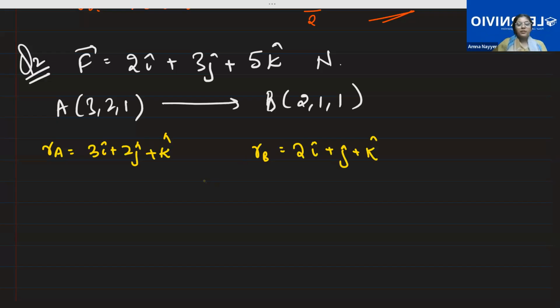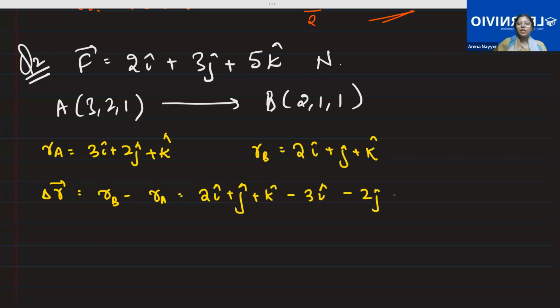Now we need the displacement. For the displacement vector, we take the final minus the initial. Final is 2i cap plus j cap plus k cap, minus the initial term. When I put minus here, all the signs will change: minus 3i cap, minus 2j cap, and minus k cap.